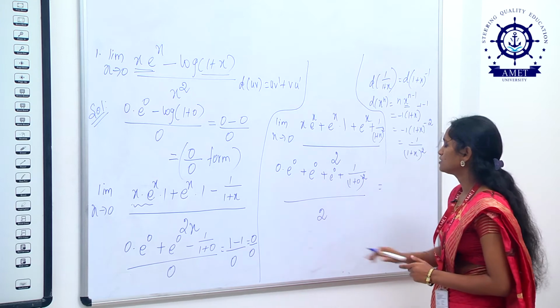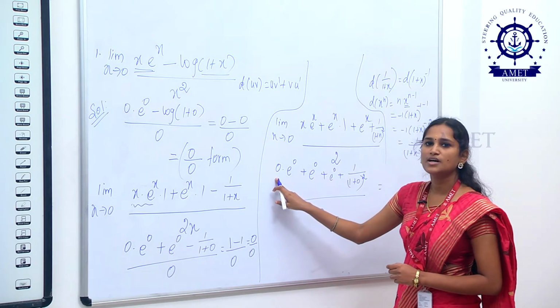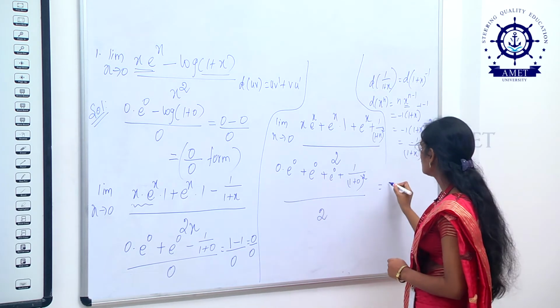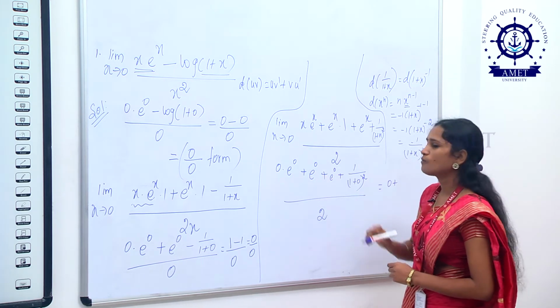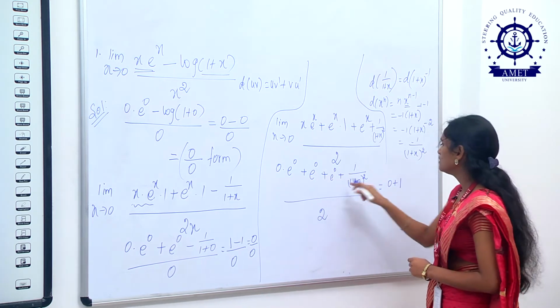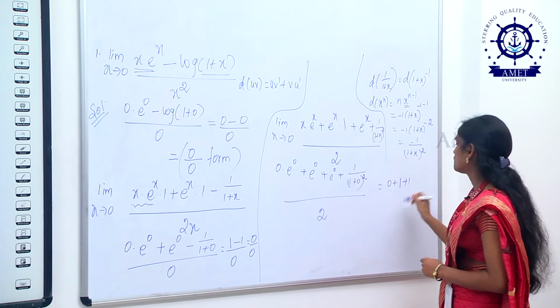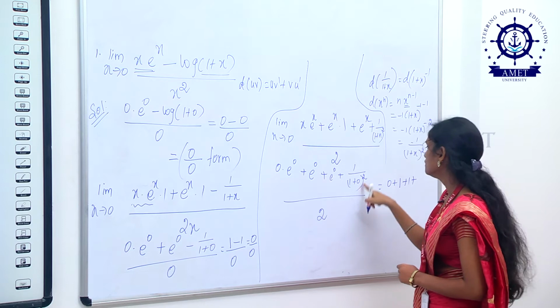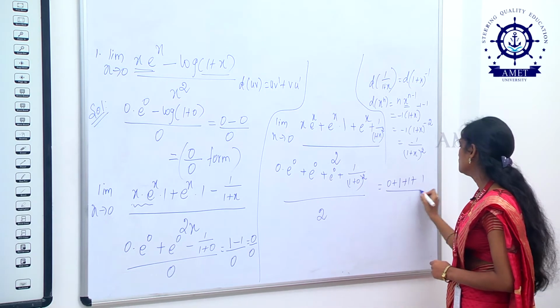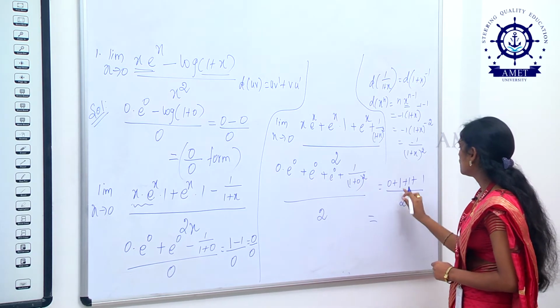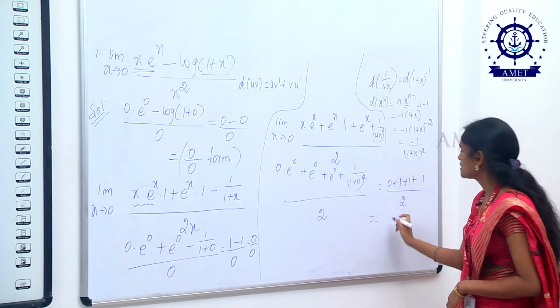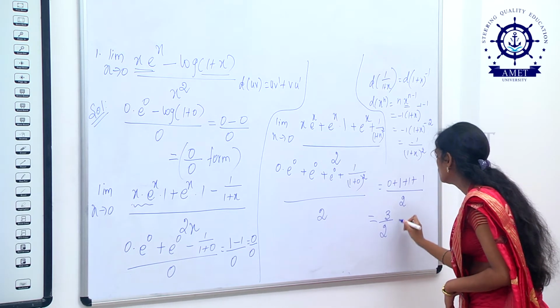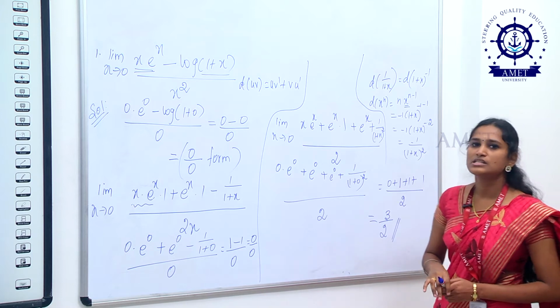The first term is 0 into anything, which becomes 0. So 0 plus e power 0, which is 1, plus e power 0, which is 1, plus 1 by 1 plus 0 the whole squared, which is 1, divided by 2. So 1 plus 1 plus 1 is 3, divided by 2. So now I have the answer, 3 by 2.